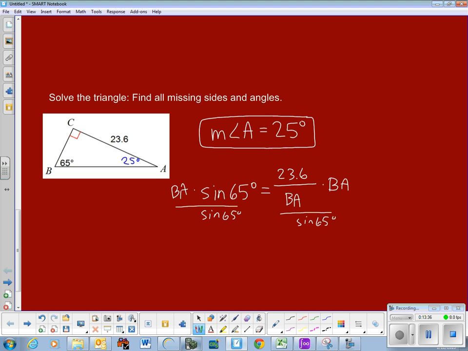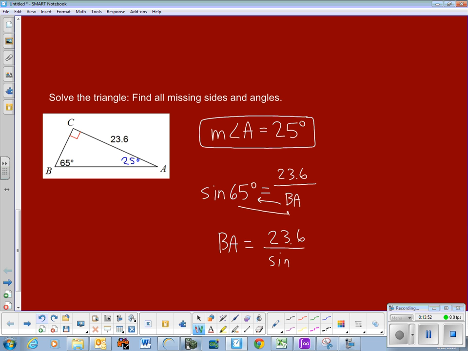But really what happens if you want to simplify that process, anytime you have one quantity equal to a fraction, you can interchange these 2. So BA will equal 23.6 over sine 65 degrees.